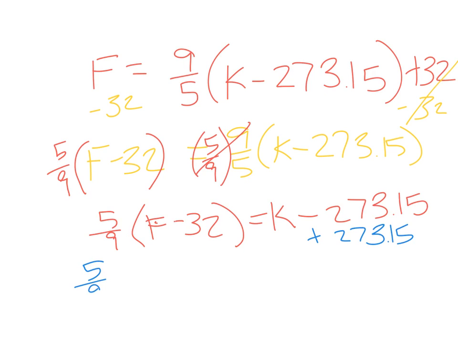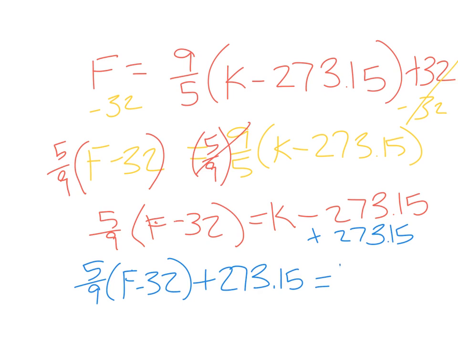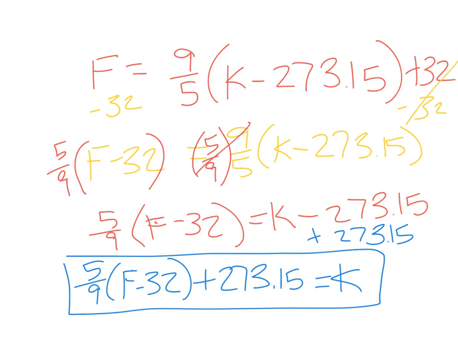So I have 5/9 times f minus 32 plus 273.15 equals k. So this is your final answer. I didn't mess with 32. Yeah, you got to move that one first because it's got this plus sign way over here. It's chilling by itself. So you got to move him before you deal with the fraction.